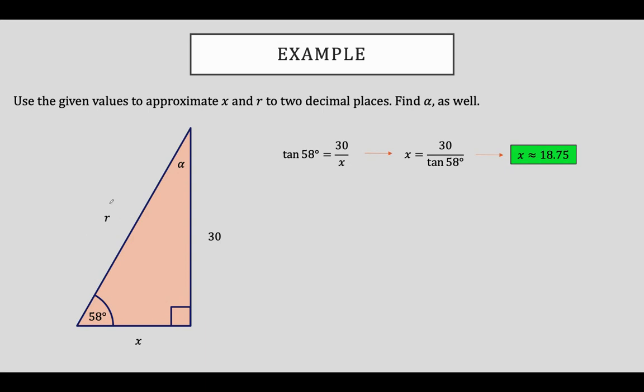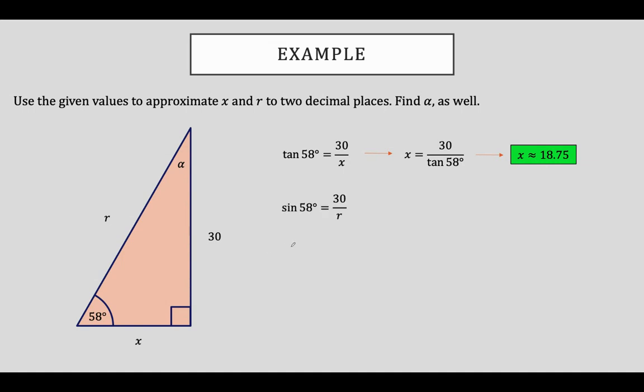So instead, let's see if we can use trigonometric ratios to help us solve for r. Again, always think about using the given information. Here I have a given angle of 58 degrees. I am given the opposite side, and r is the hypotenuse of this right triangle. Is there a trigonometric function that relates opposite sides and hypotenuse? Yes, that would be sine.